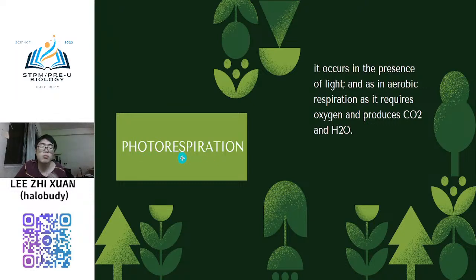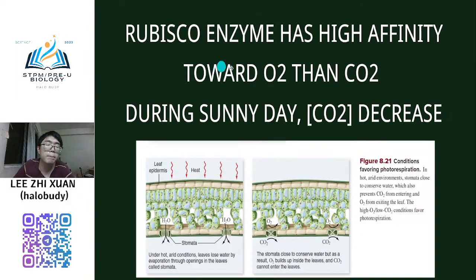That is why it is called photorespiration. Respiration, like in humans, because it uses oxygen and produces carbon dioxide and water, the same as humans. But at the same time it also uses light to produce energy. So the light dependent reaction functions normally, but the light independent reaction is inhibited. So why does it happen?